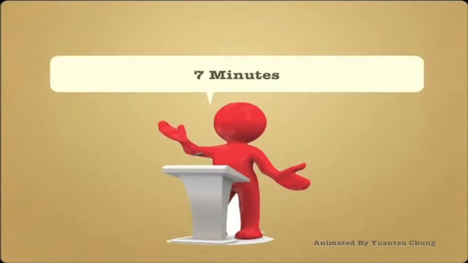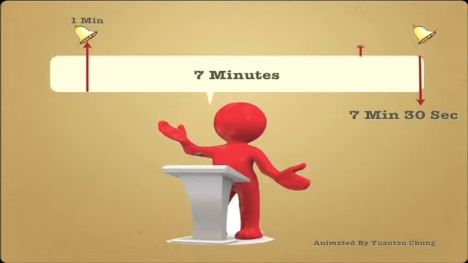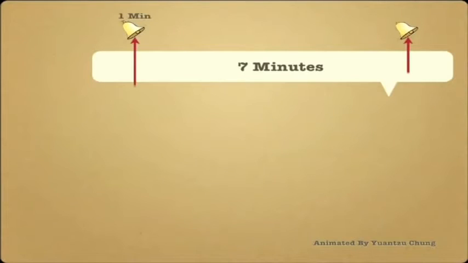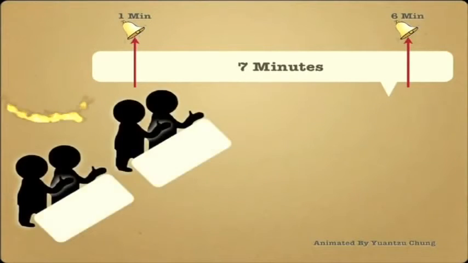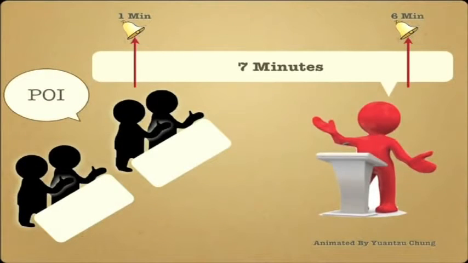Speeches can last no longer than 7.5 minutes, with one bow after the first minute, another one after 6 minutes, and 2 bows at 7 minutes. Between the first 2 bows, points of information, POI, may be offered if the current speaker is from the other side of the House.